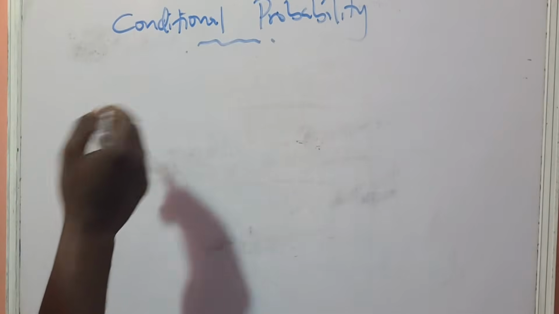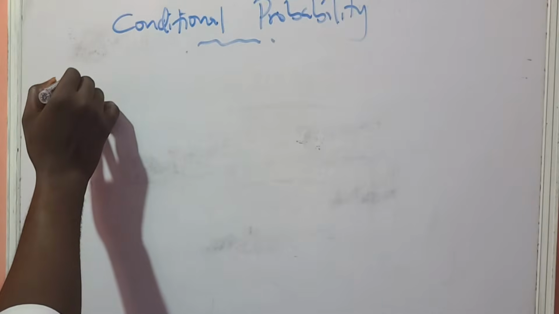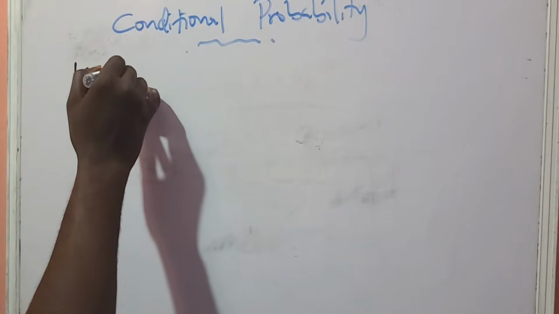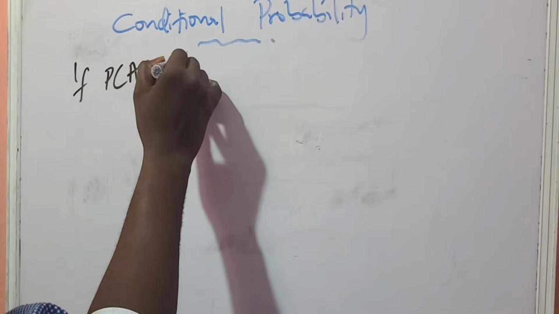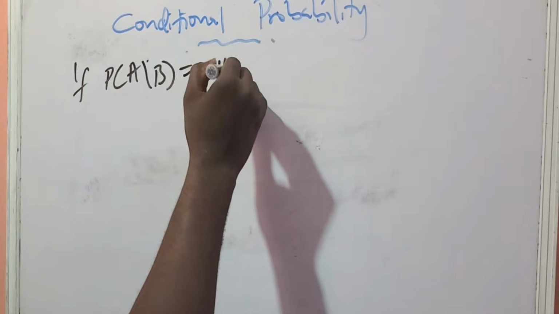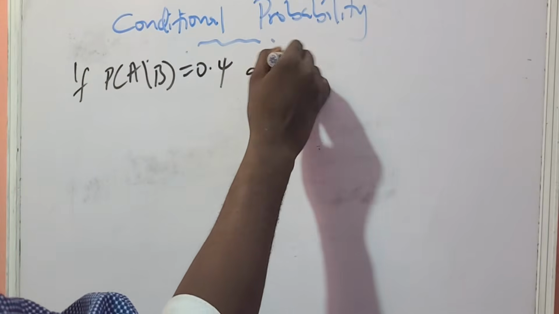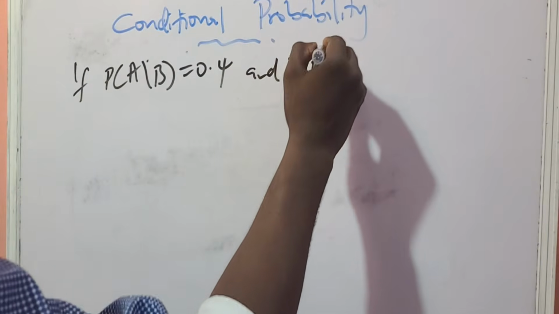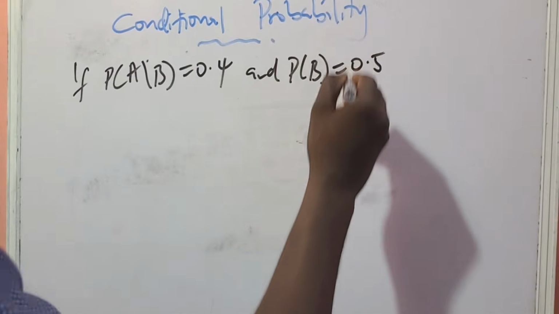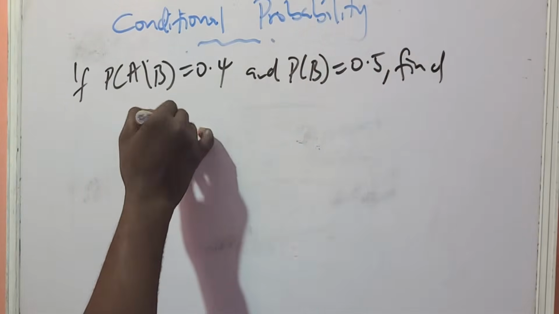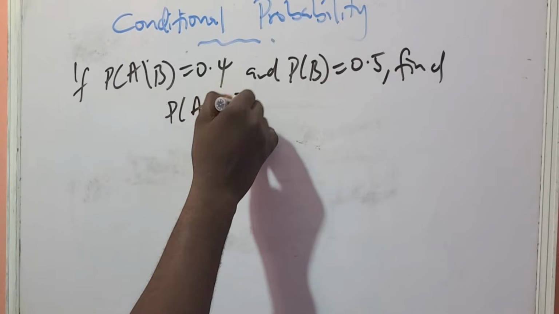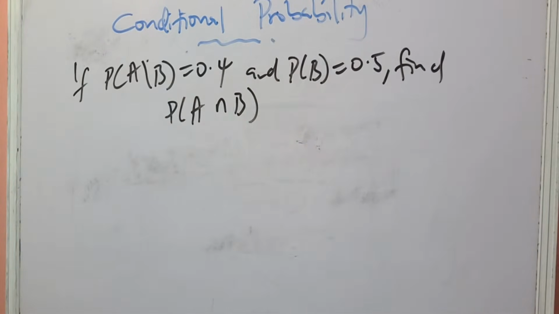We have another question that said, if probability of A given B is equal to 0.4 and the probability of B is equal to 0.5, the question is for you to find probability of A intersection B. All right, can we have the answer to this?